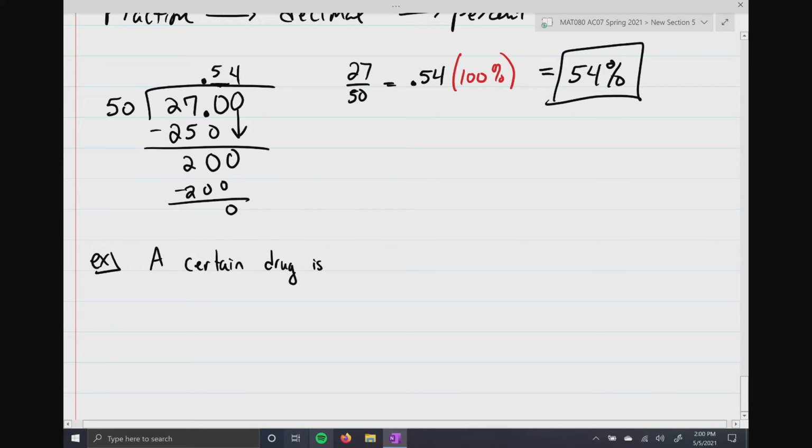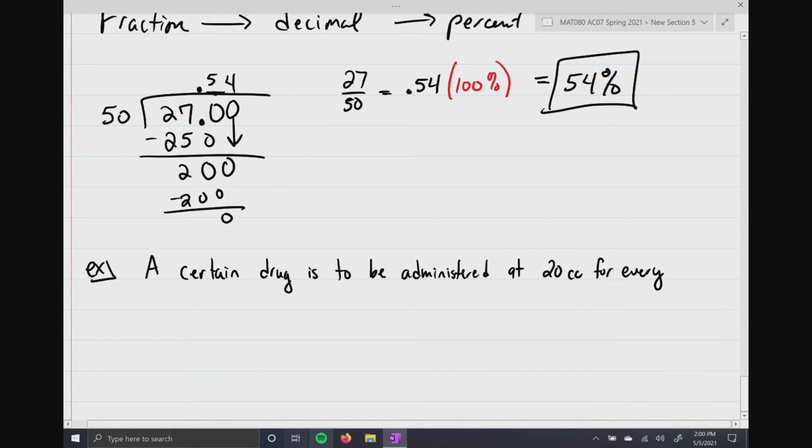A certain drug is to be administered at, let's say, 20 cc's for every 5 pounds.